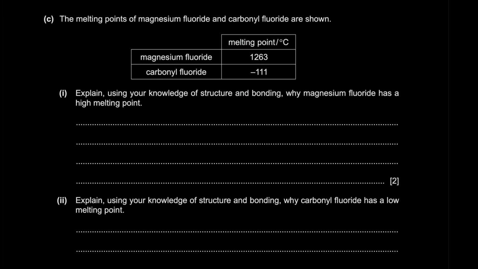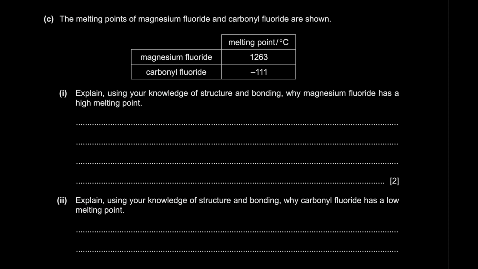Let's move on. The melting points of magnesium fluoride and carbonyl fluoride are shown. Magnesium fluoride is approximately 1250, 1263. Carbonyl fluoride is very low, and that's telling you something about its structure. Magnesium fluoride is a metal with a non-metal, which also tells you about its structure.